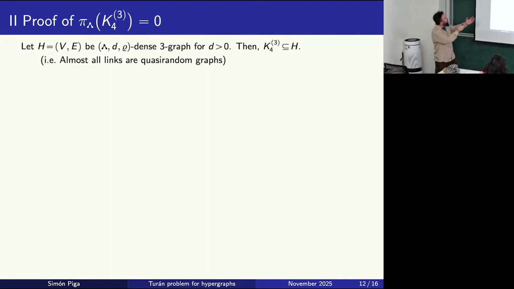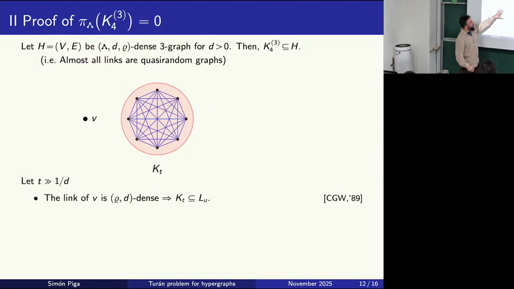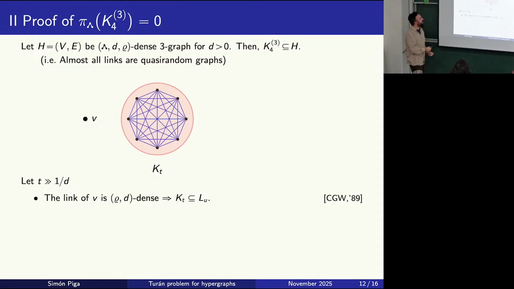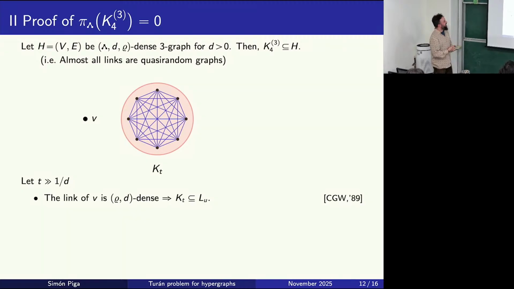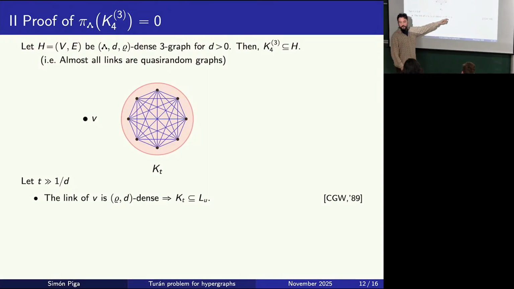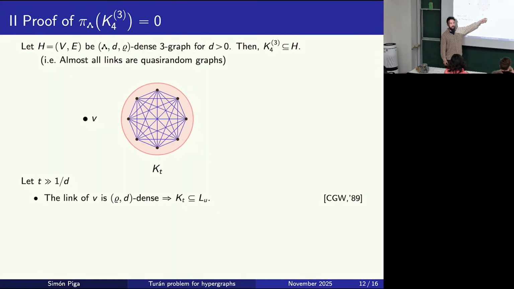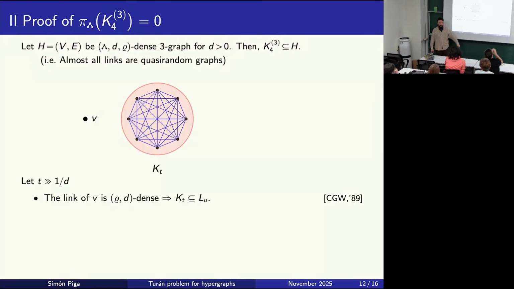Remember, cherry rho d dense means that almost all links are quasi-random. So we start, and I'm very proud of my LaTeX pictures, so I want you to contemplate them. First you start with a vertex, and as I said before, because of Chung, Graham, and Wilson, your link contains every graph inside. In particular, you contain an arbitrarily large clique.